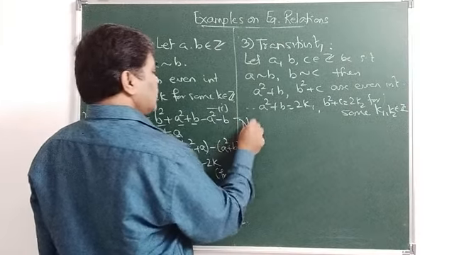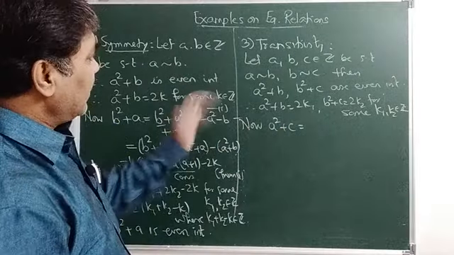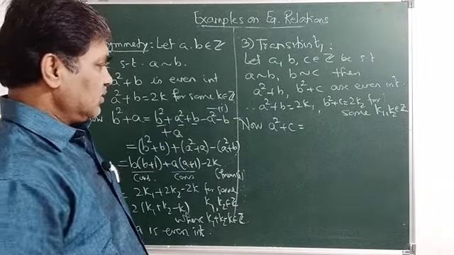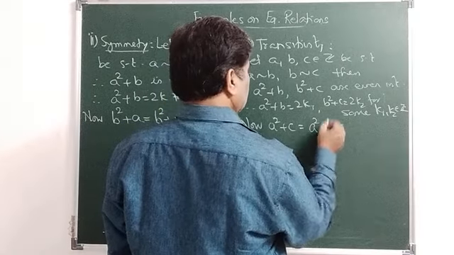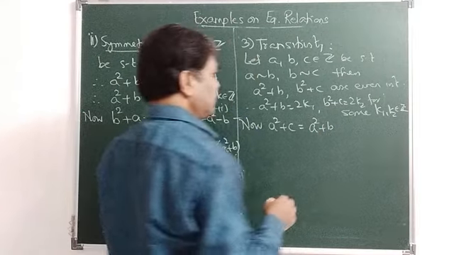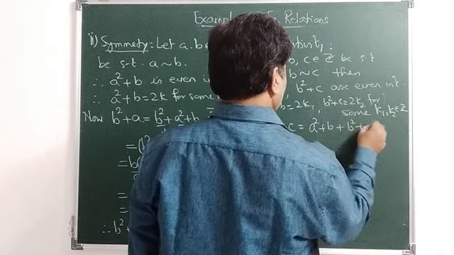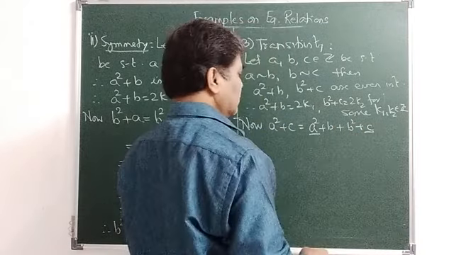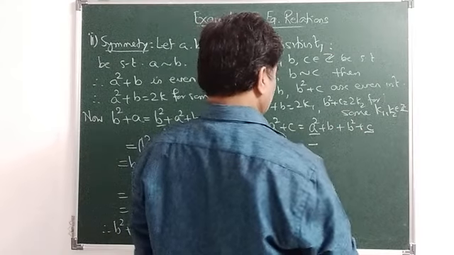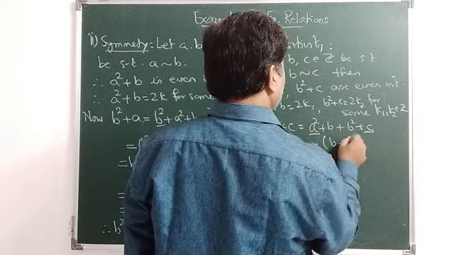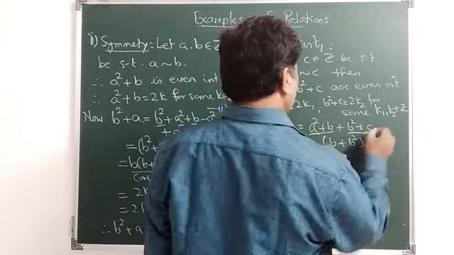Now, for a square plus c, I relate them via b square plus c. So I'll write this as a square plus b plus b square plus c. So I am getting a square plus c here, minus b plus b square.